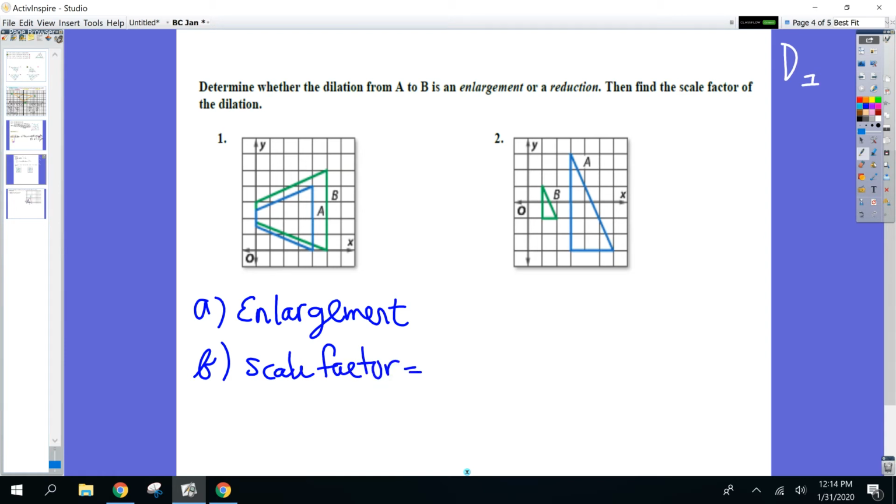Which means find 2 lengths that correspond, and then compare them. You shouldn't have to bust out any distance formula here because I believe there's a couple pair you could count the distance of. So find the distance of 2 corresponding lengths. And then we'll talk.